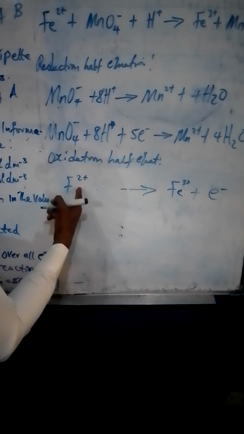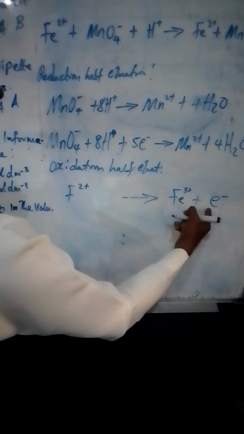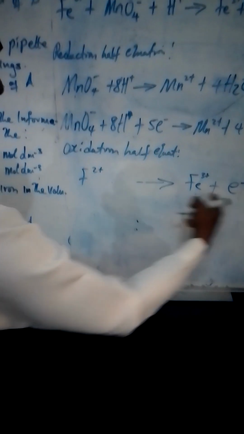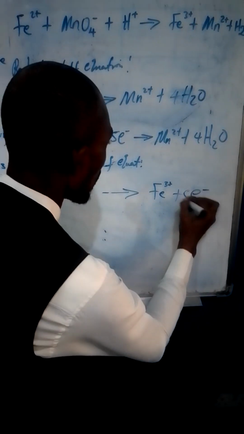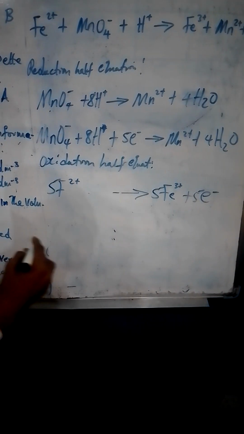But because the number of electrons is not balanced, the number of electrons here is 5 and here is 1, in order to balance the number of electrons, you multiply everything in the reduction half equation by 1 and everything in the oxidation half equation by 5. So we have 5 here, 5 here, 5 here. Then you write the equation together and cancel out the electrons.